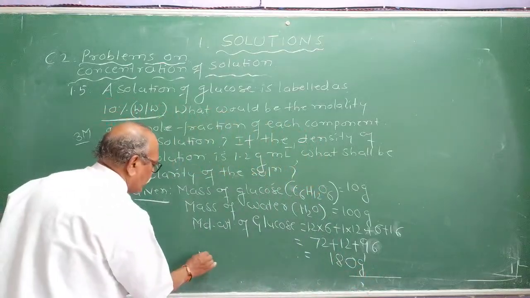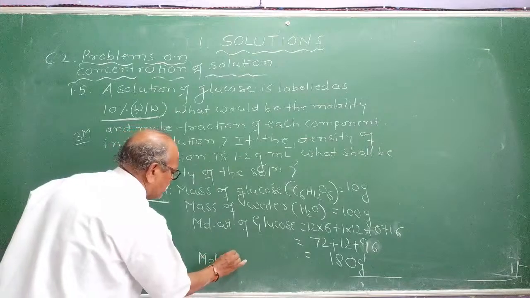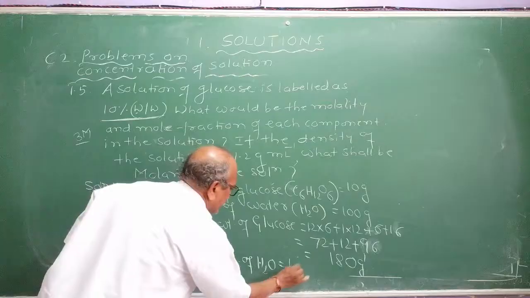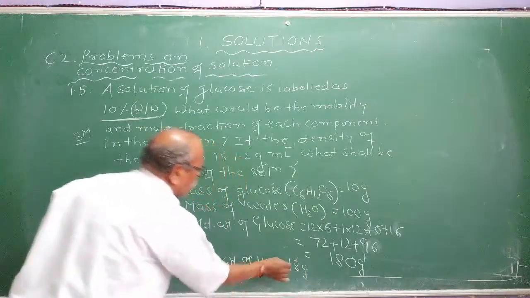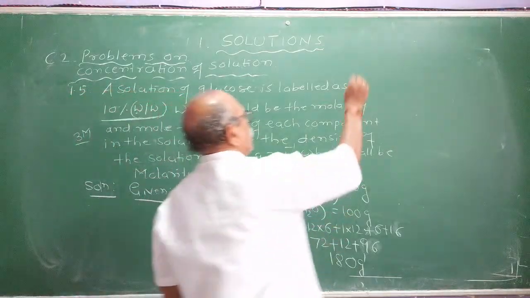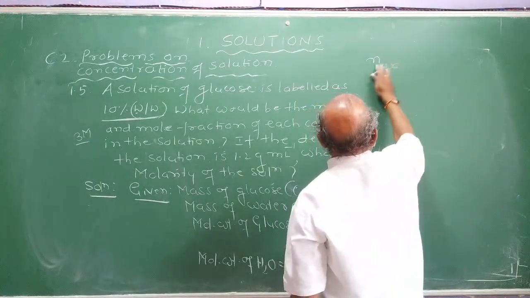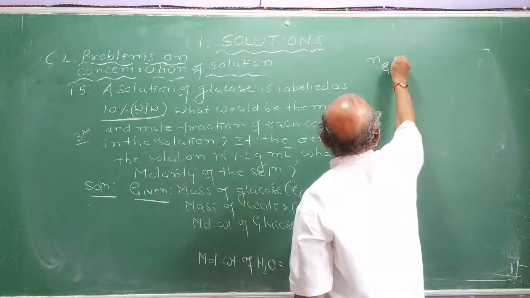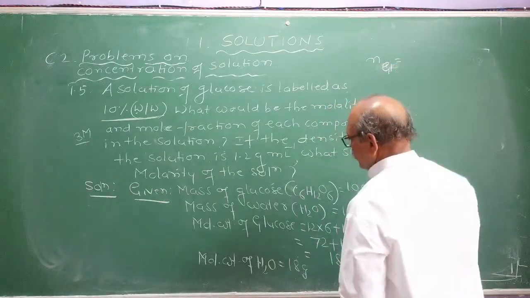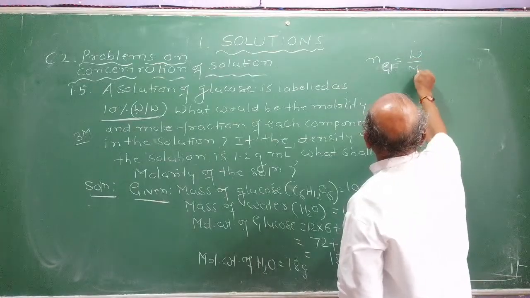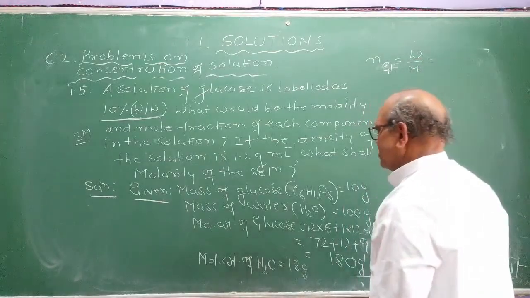Then similarly, molecular weight of water, you calculate basic things. Molecular weight of water, you know, is 18 grams, because oxygen 16 plus 2 is 18. So the number of moles of glucose is mass of glucose upon molecular weight of glucose.